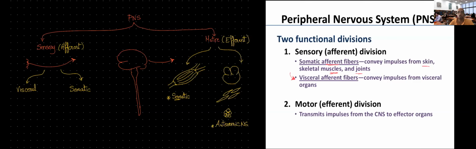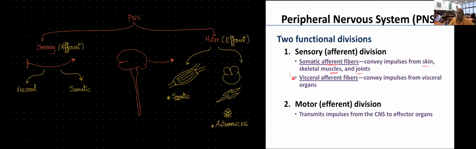Where did you get the sensation from? Are you getting the sensation from your internal organs, from the visceral organs? This is going to be a visceral afferent fiber. If you're getting your sensory input from the skin, muscles, or joints, this is going to be a somatic sensory nerve fiber.